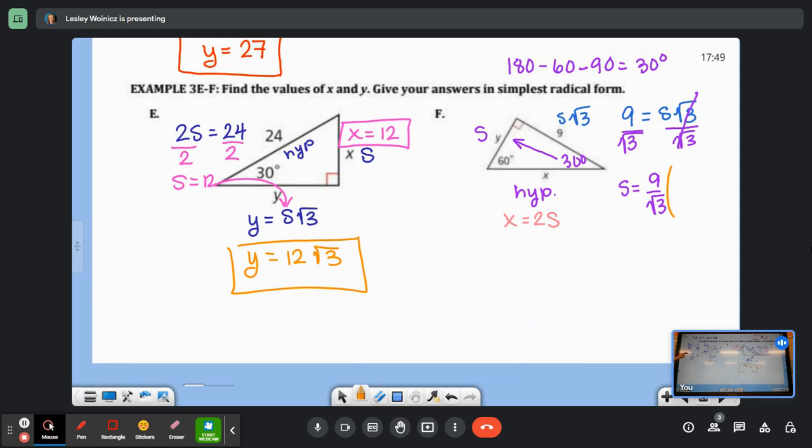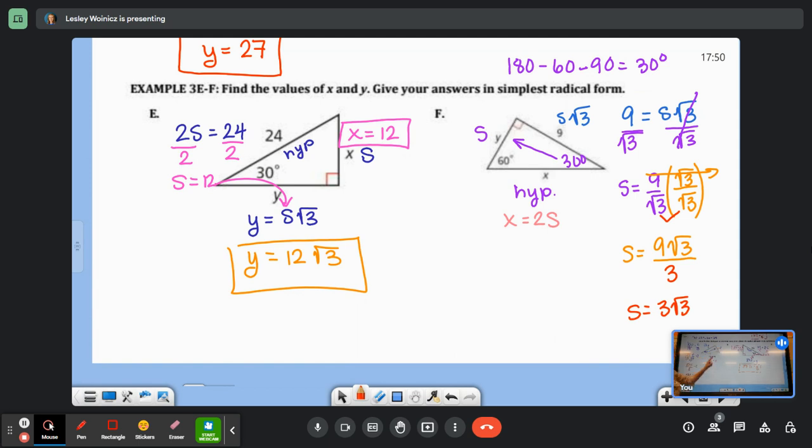So let me write root 3 over root 3 and multiply by 1. Multiply my numerators, that gives me 9 root 3. Multiply root 3 by root 3, and I get a regular 3. 9 is divisible by 3, so I get s equals 3 root 3.